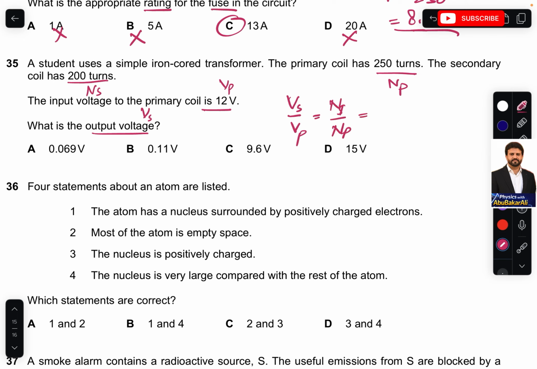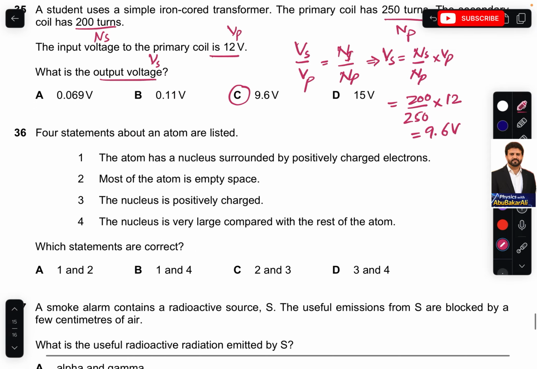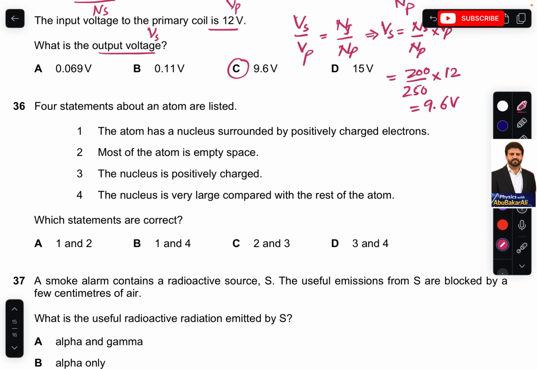So you can write VS is equal to NS over NP into VP. NS is 200, NP is 250, multiply by VP, VP is 12. So when you do the calculation, you will get 9.6 volts. It's option C.